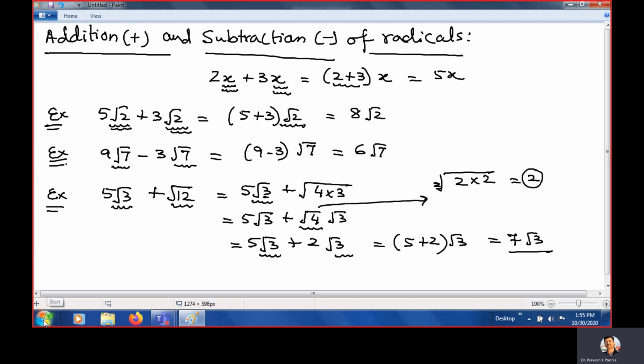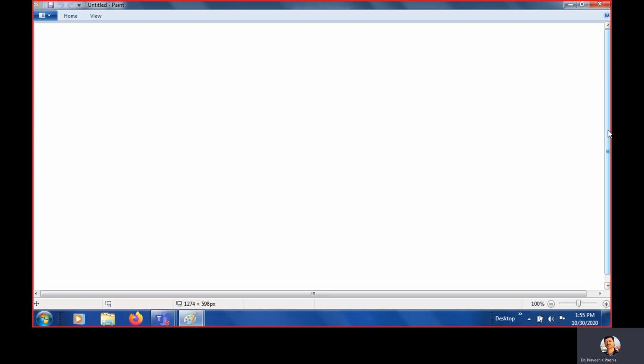Clear? We'll take one more example for addition and subtraction. Say 3 square root 20 minus 2 square root 45 plus 4 square root 5. Now look here, the smallest number is 5. So we need to break these numbers so that one part is 5.